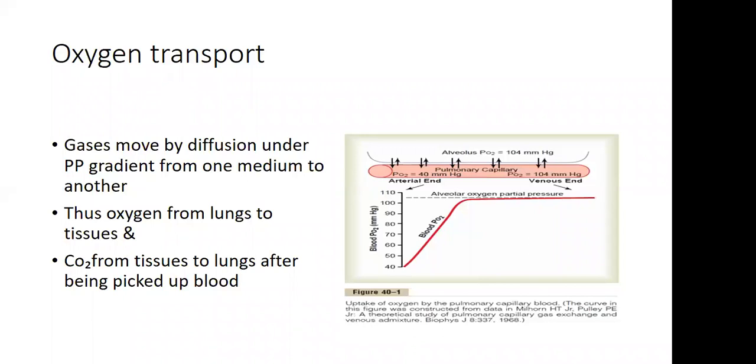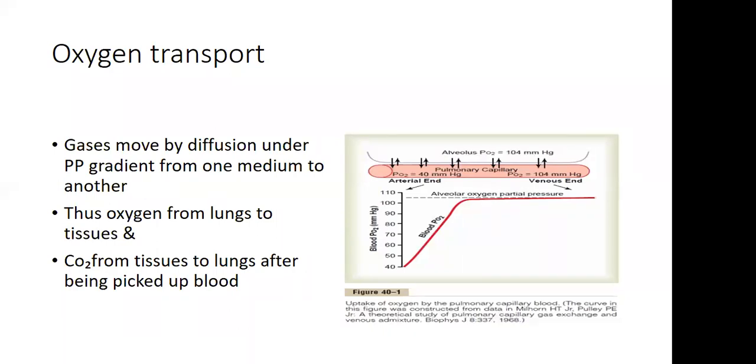That is, from 40 millimeters of mercury, the pressure goes to 104 millimeters of mercury by the time it reaches the other end of the capillary. So it is so quick. Hopefully you understood it now, that within no time the equilibrium is attained. The pressure in the pulmonary area is also now 104 millimeters of mercury.